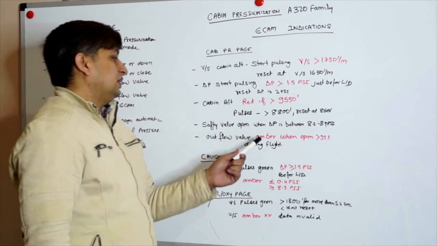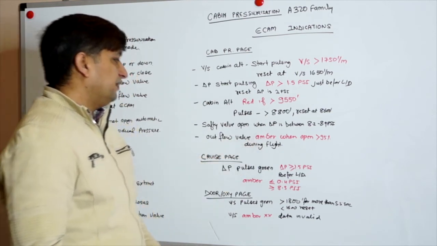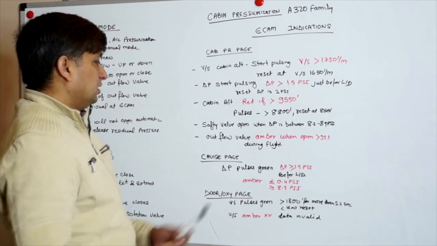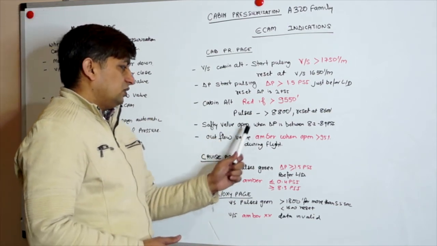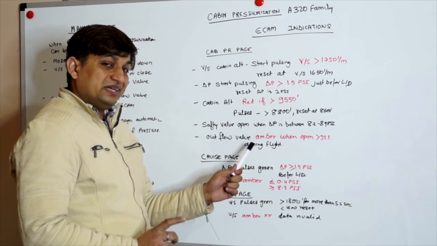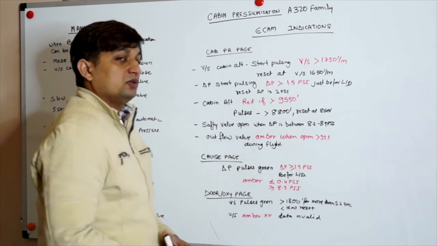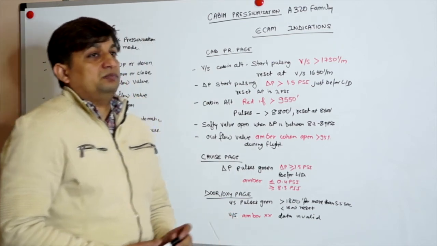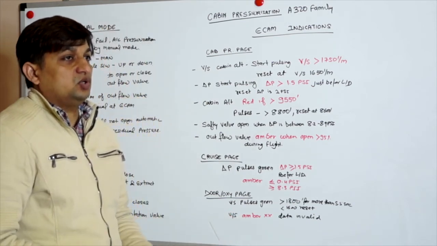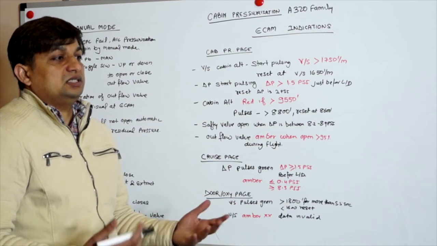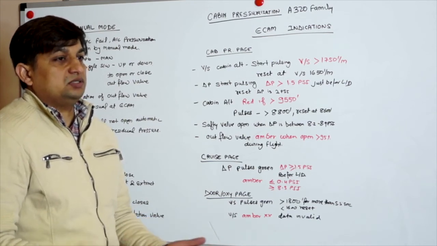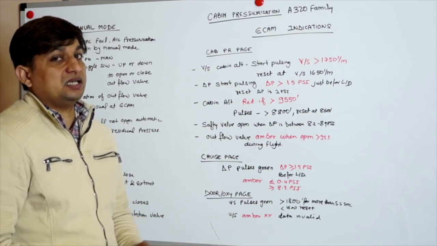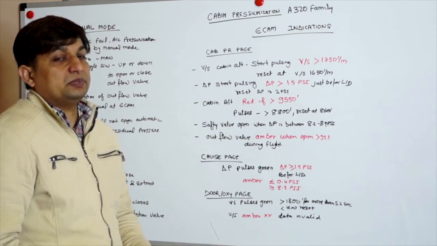The outflow valve indication will become amber if it is open more than 95% during the flight. Why is it so? Because if it is 95% open, it is not maintaining the pressurization; it is almost fully open and cannot hold the pressure inside the cabin. It is releasing almost all the pressure outside.